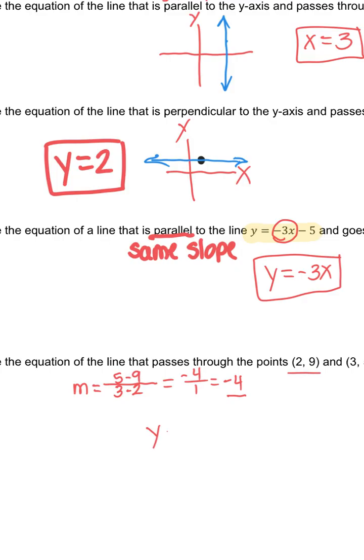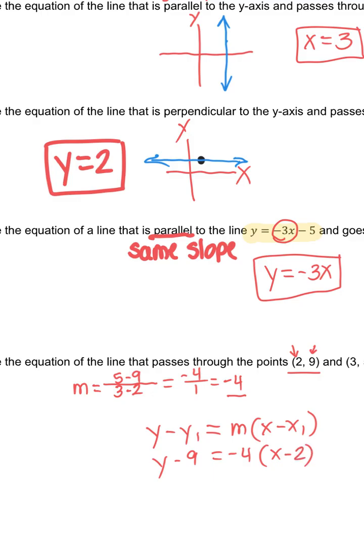So now we have our slope, and then we have a point. So let's go ahead and put in our point-slope form. y minus y1 equals m times x minus x1. And we have y minus our y1, which is right there, our 9. So y minus 9, our slope is negative 4, times x minus, and there's our x, that 2. So minus 2.